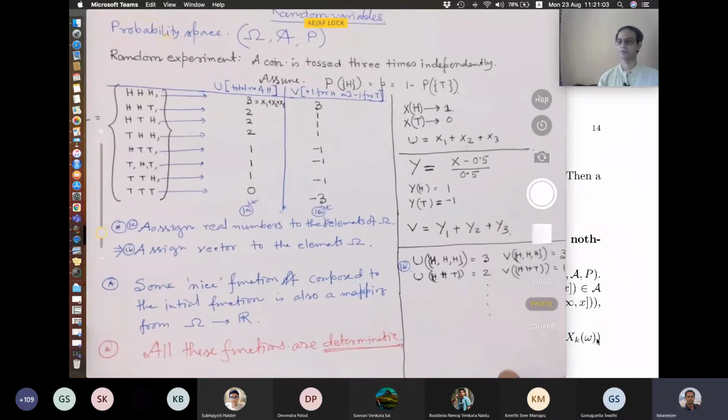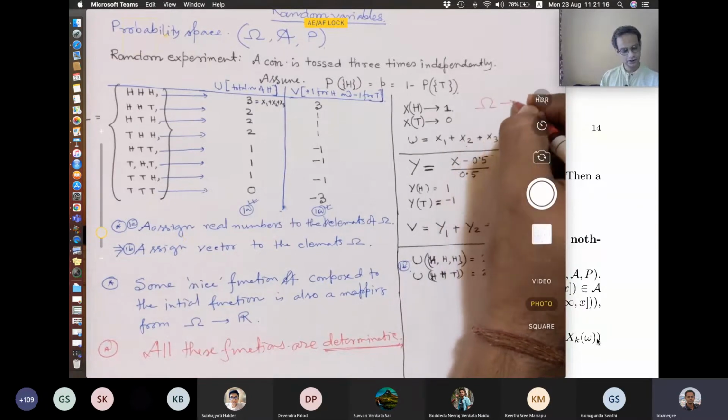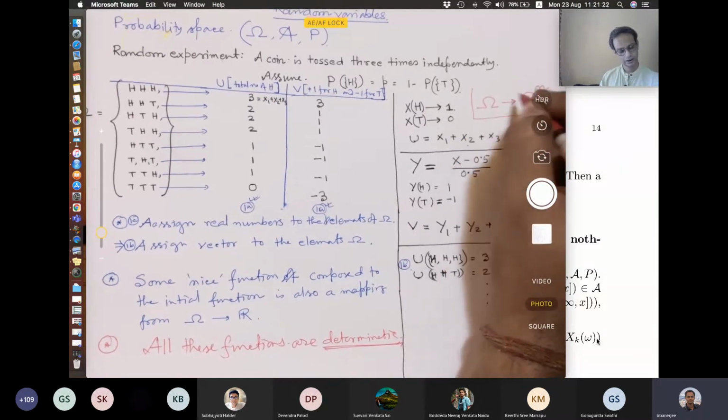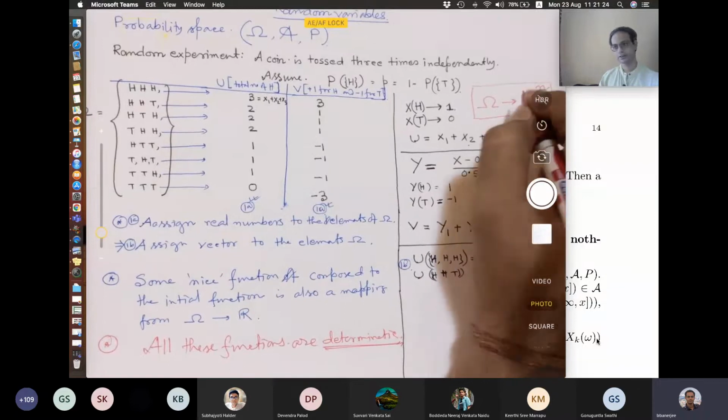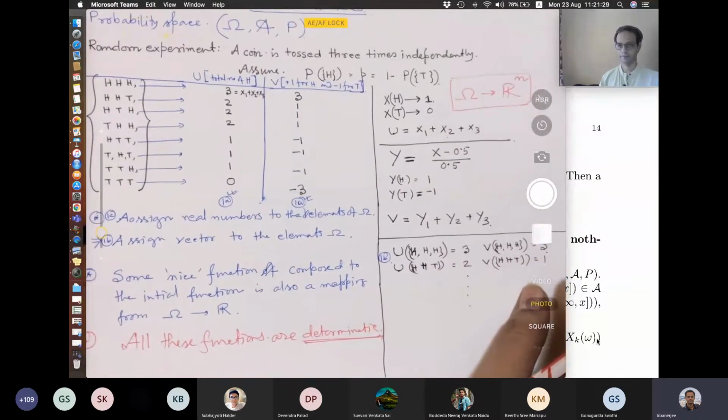Whatever we have got here, we have a proper mathematical function which will take us from omega to R, or in general Rn. This is the thing that we got here, nothing more than that.